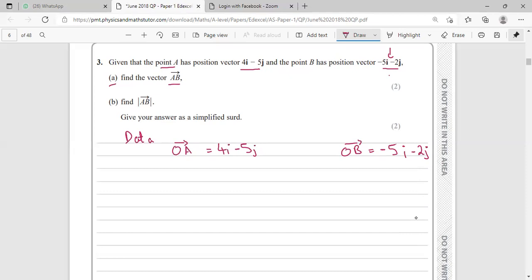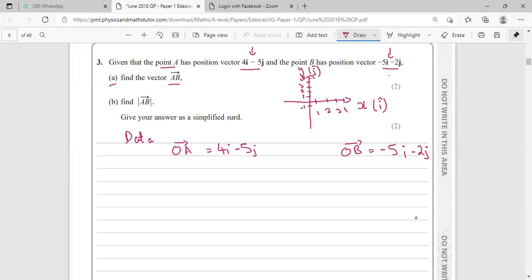So, in vectors, think about x-axis and y-axis, and this is basically for i, and this is basically for j. Now, if we have 4i minus 5j, this is 1, 2, 3, 4. This is 1, 2, 3, 4, and then we have 5.